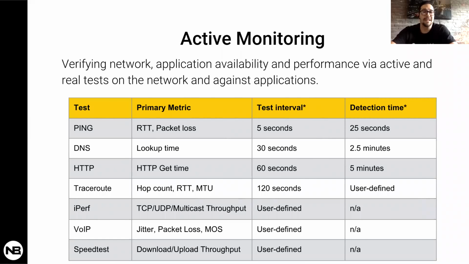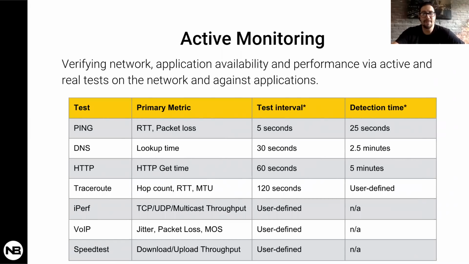Active monitoring is performed by running real tests on the network to verify that the network and applications are available and performing well. The active tests measure end-to-end reachability, packet loss, jitter, bandwidth, and application response time. Cisco engineers out there may find this technique similar to the IP SLA tests that are run by routers and switches.